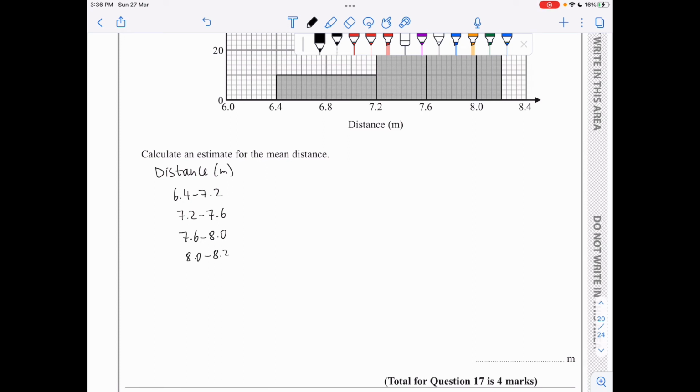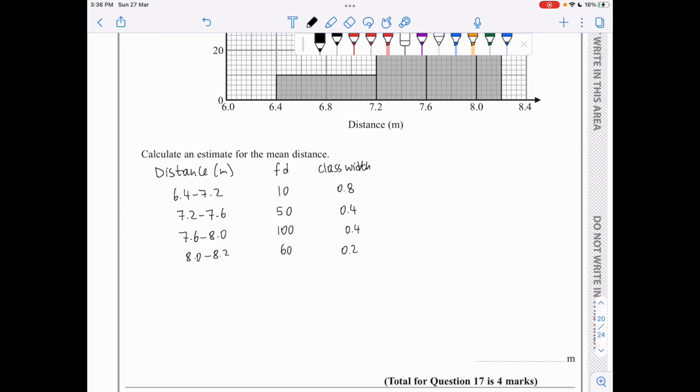Now from the histogram, I can read the frequency density, which is 10, 50, 100, and 60. And I could also fill in the class width, which is the difference between the limits of each class. So the 6.4 to 7.2 is spanning a distance of 0.8 meters, 0.4 for the next class, 0.4 and 0.2.